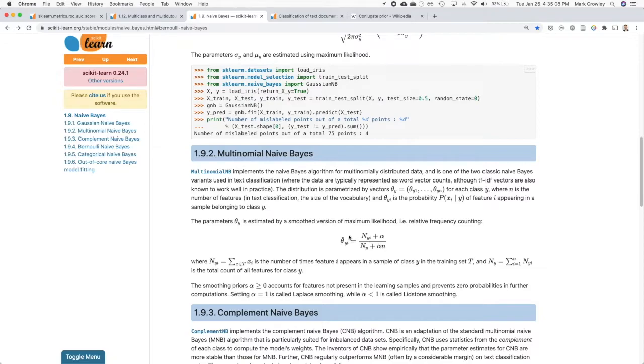So you don't want zeros in a model like this. You want to have slightly more than zeros, right? And so one way to do that is to basically put counts. So when they put this Laplace smoothing, essentially all they're saying is that there is no 0, there's only 1. So even if you've never seen an example of that word in a spam email, you always assume that it happened at least once. And since you'll have thousands and thousands, 1 will actually be a very small number.